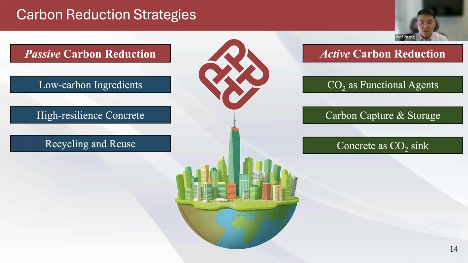Those are materials that can replace cement, which is the most carbon intensive ingredient in concrete. And those low carbon ingredients actually come from the byproducts of industry. So they are using the byproducts to replace cement in concrete.